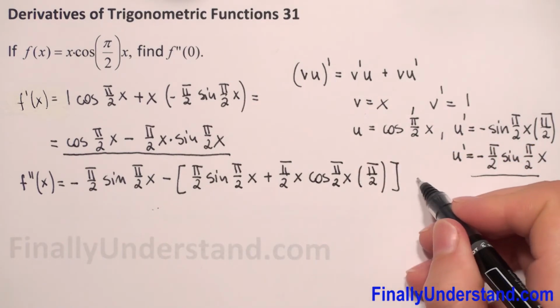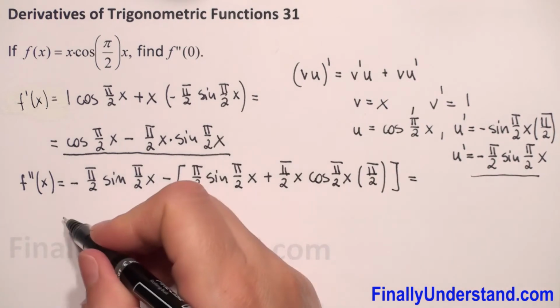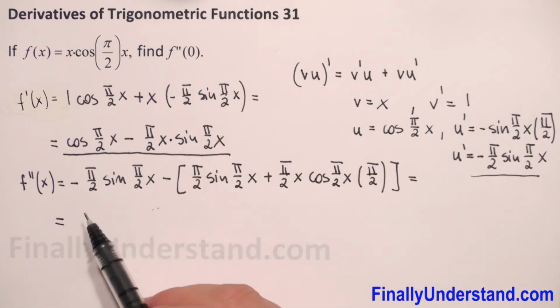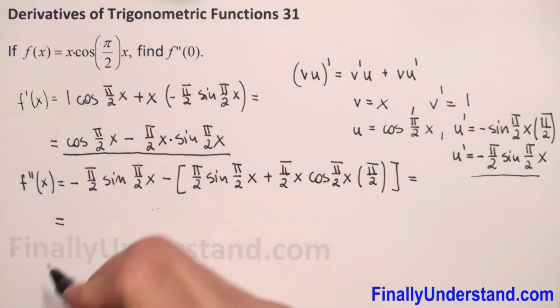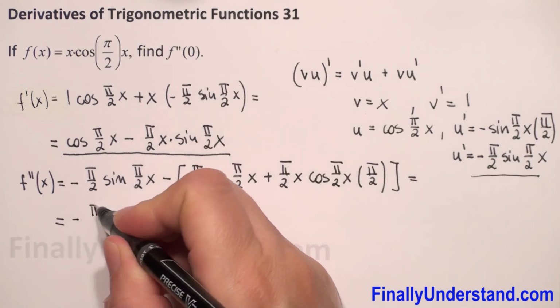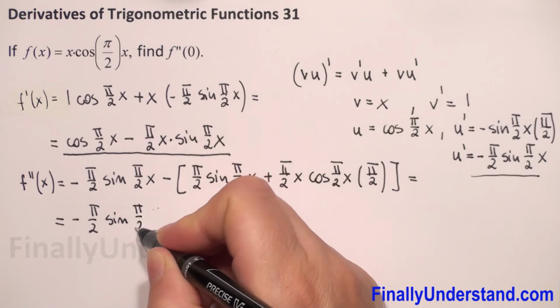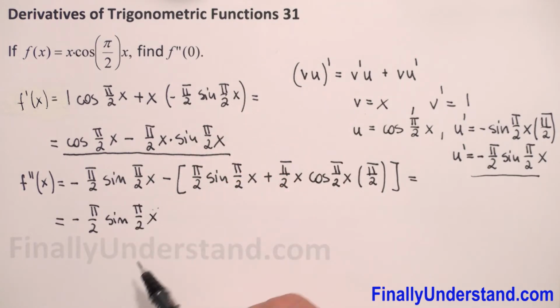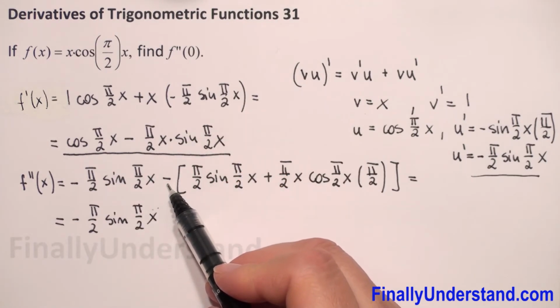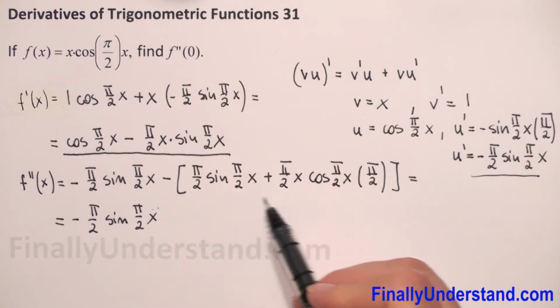Close the brackets. This is equal to, we copy this first expression, negative pi over 2 sine of pi over 2x, and we have a negative sign before this whole expression.